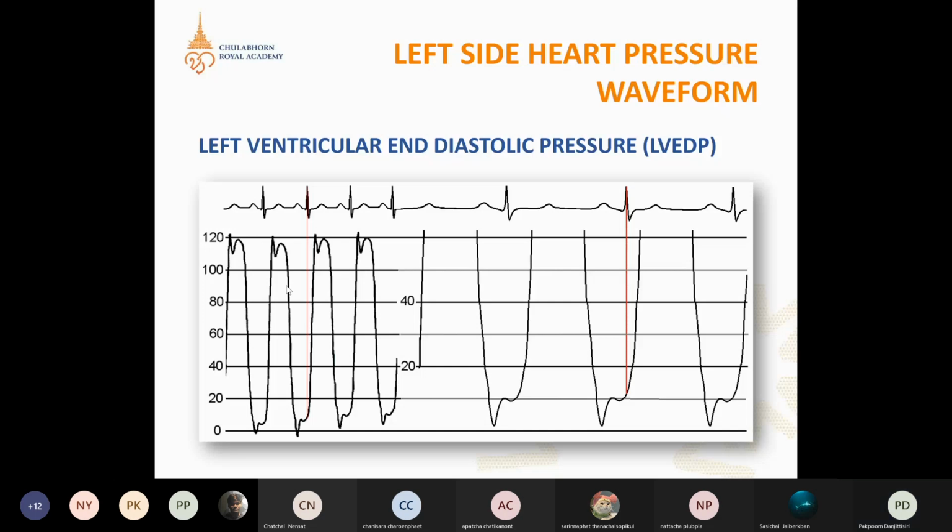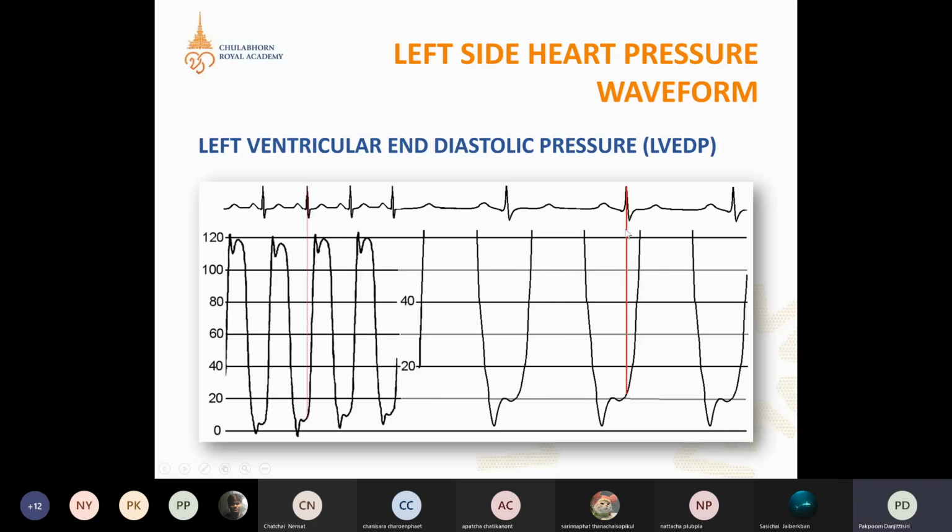After you see the LV pressure and the doctor asks you to measure the LV EDP, you have to change the scale to around 50 millimeters in order to see the LV EDP clearly.